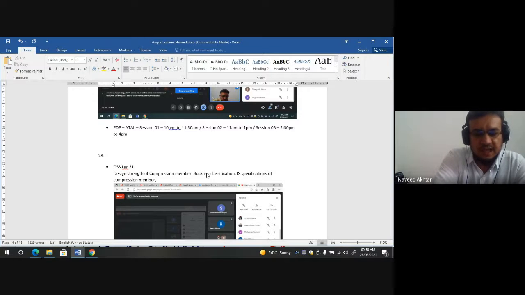We have seen the maximum slenderness ratio limit, for which we have seen table 3 of IS 800:2007.